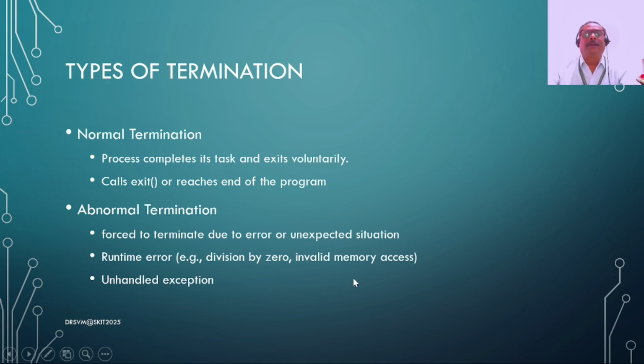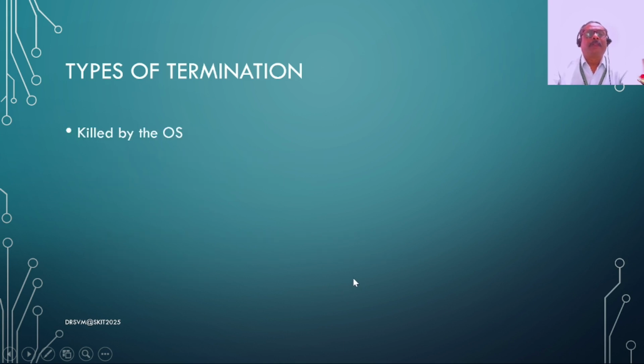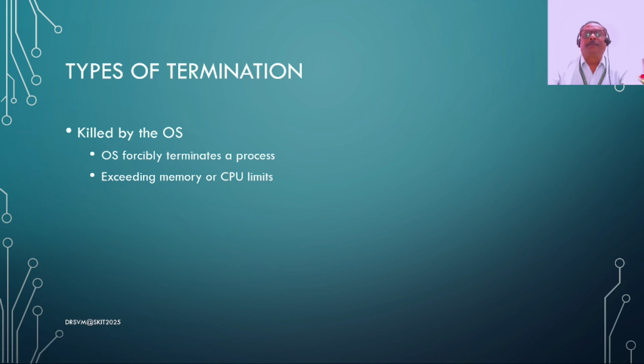So it can be an unhandled exception and all that. Then it can be killed by the operating system. The operating system is forcibly terminating a process, like when the process is trying to use memory, and for every process some memory is allocated, and if it's trying to use more memory than it is allocated, then the operating system should intervene and kill that process.